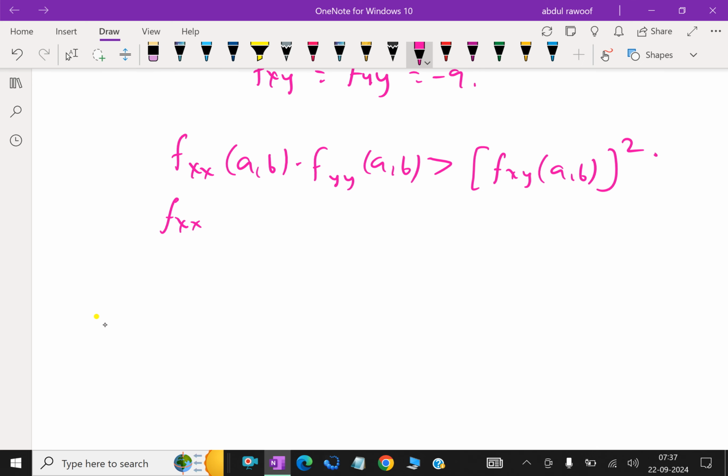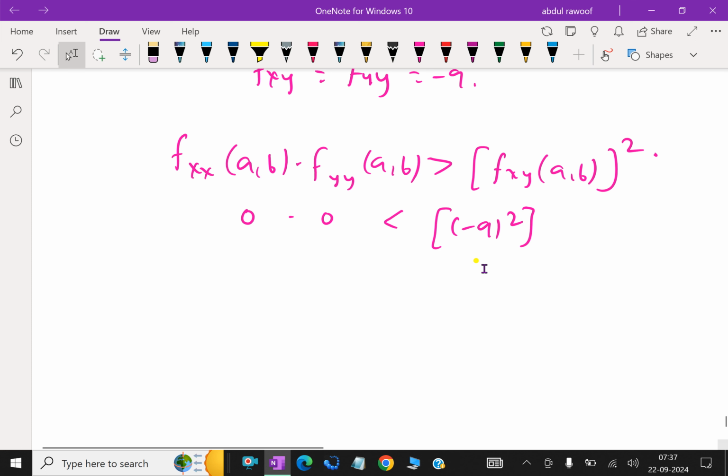At (0, 0), fxx into fyy is 0 into 0, which is lesser than fxy squared, that is minus 9 squared. Of course, minus 9 squared is 81, positive 81, which is greater than 0.